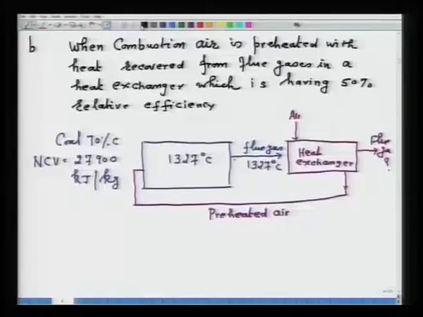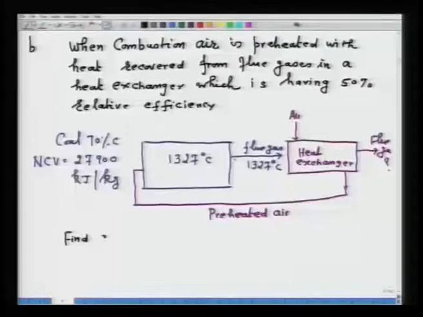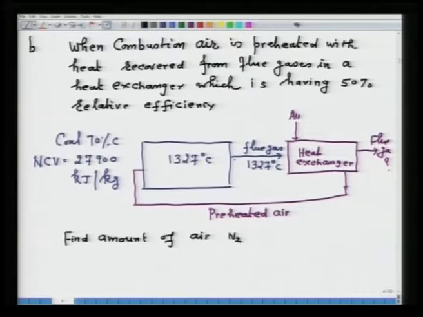Now, first of all, since we are preheating the air, we have to find out the amount of air. So, the first thing is that you have to find the amount of air, because you are preheating the air, only heat is being put into the furnace through preheated air and nothing else. Now, how can you find out the amount of air? On several occasions I have done, you will perform the nitrogen balance.